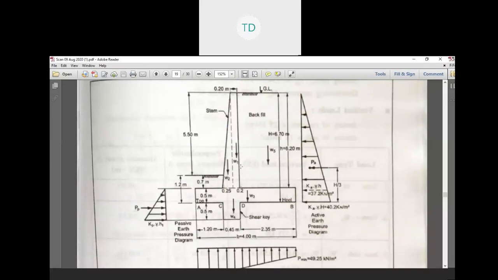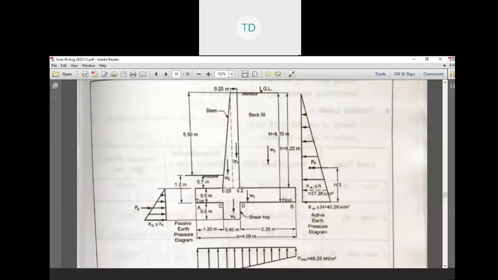At the start of this lecture, I told you the separation of W1, W2, W3, W4 and W5 parts on the basis of the components. W1 stands for the total self weight of this particular component acting on the retaining wall and the base of earth. So we have to calculate dead load.